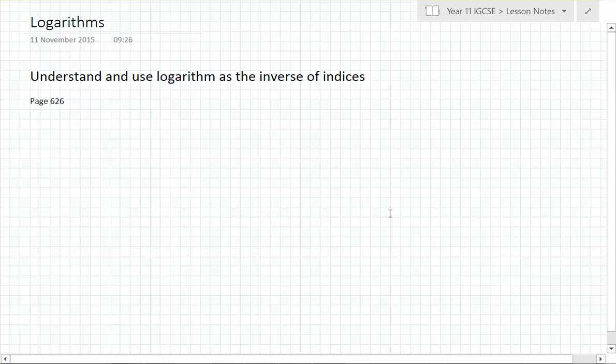Okay, so we're looking at logarithms as the inverse of powers. So, powers then. If I said to you, just check, I'm sure you know this without me asking, 5 to the power of 2 is 25, okay.